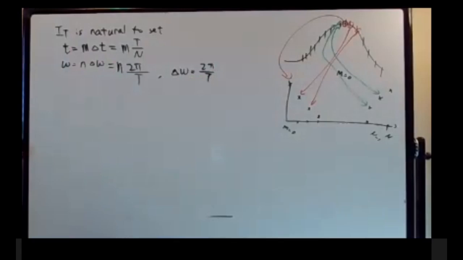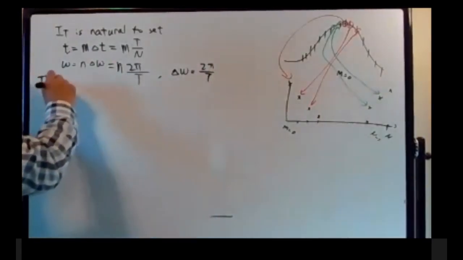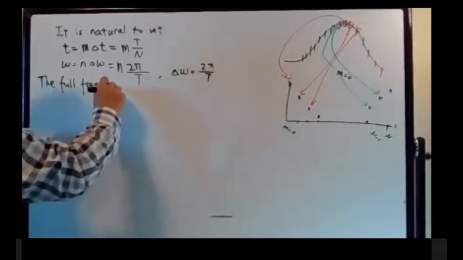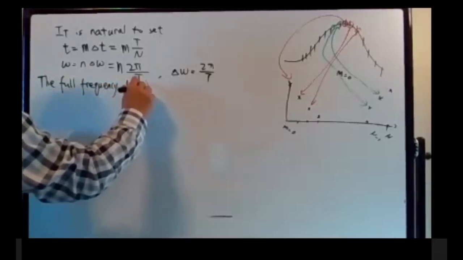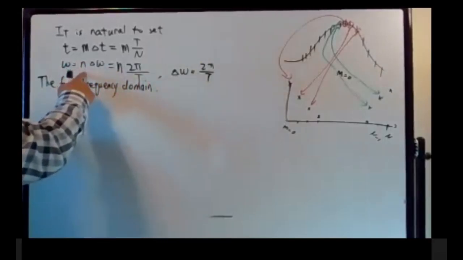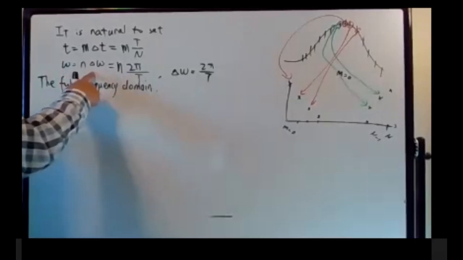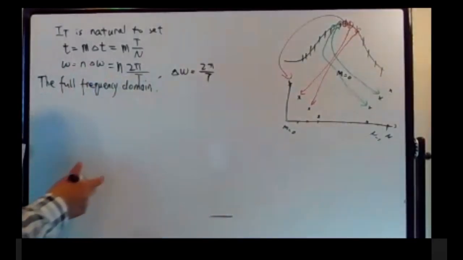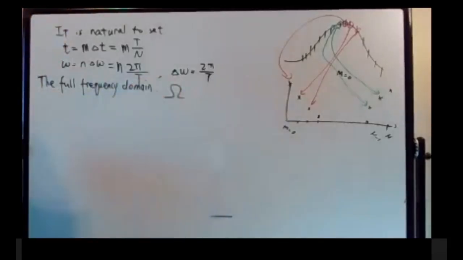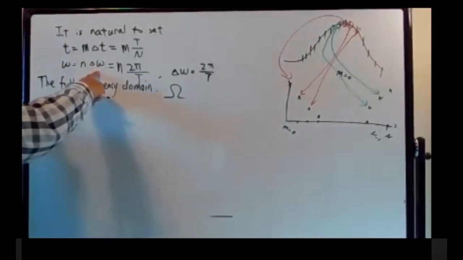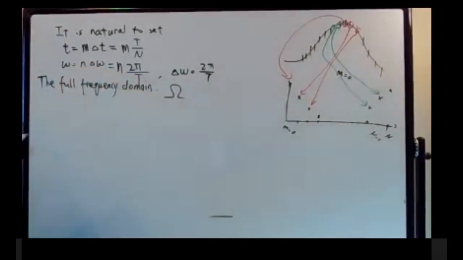The full frequency domain is N times delta omega. That's the total, which we quantify as capital Omega.